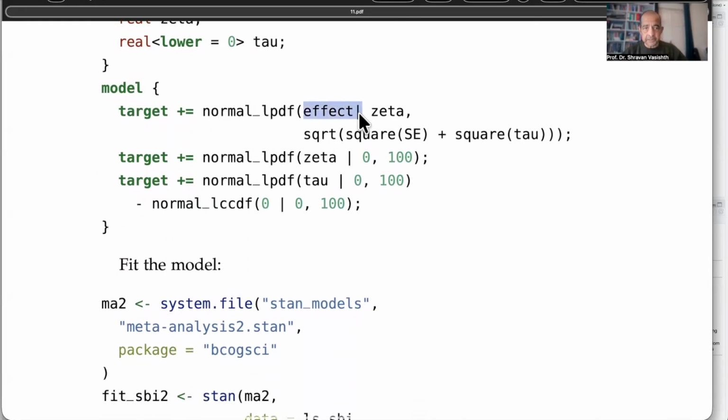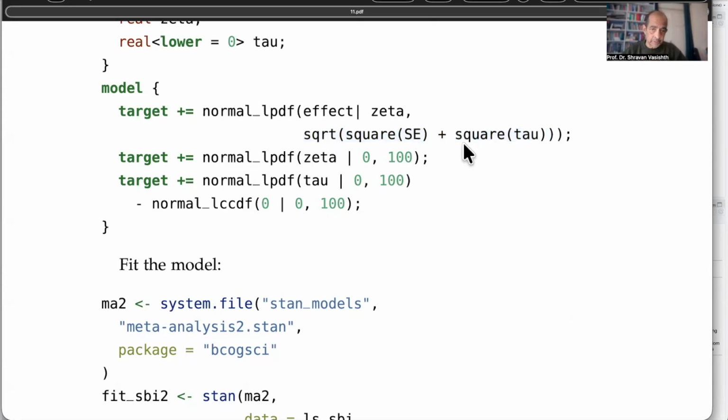The data are being generated from a normal distribution with mean zeta, and the standard deviation this time is not the standard error, but the sum of the square of the standard error with the square of the tau, and then you take the square root of that, okay?